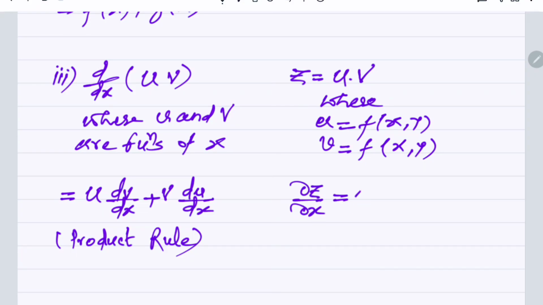First term as it is u, derivative of v, it is dou v by dou x keeping y constant, plus second term v, and derivative of u with respect to x, keeping y constant. Therefore, this is known as the product rule.